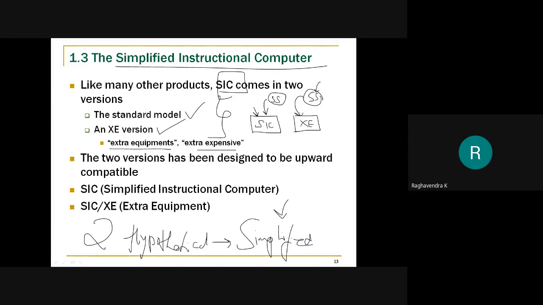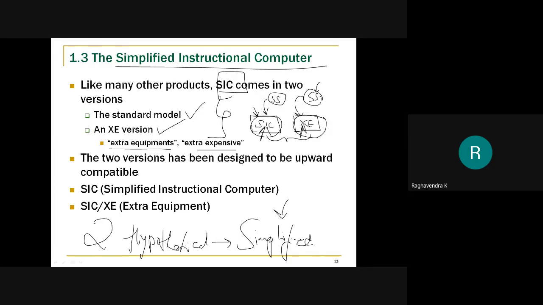That is what we are going to focus on when discussing SIC/XE. Irrespective of what kind of system software we develop, we first need to know the features and capabilities of SIC as well as SIC/XE. So let us focus on SIC first, and then later we can focus on SIC/XE.